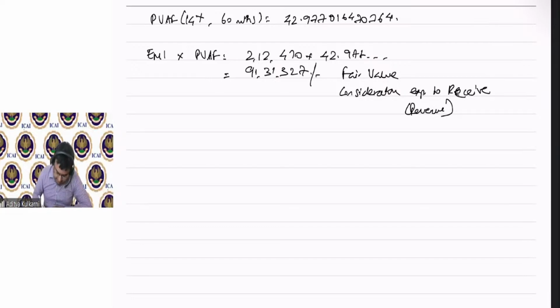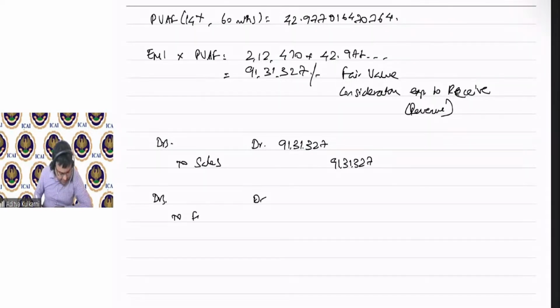So here the entry will be debtors account debit to sales, 91,31,327. And then you will be having the financing, debtors account debit to finance income, or interest income, 2,12,000, sorry, not 2,12,000, 91,31,327 into 14% into 1/12.